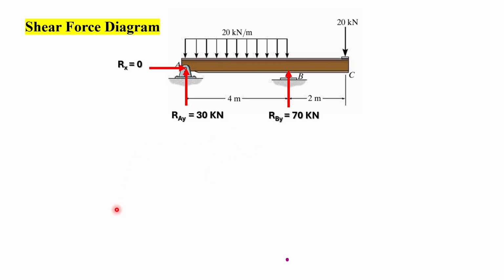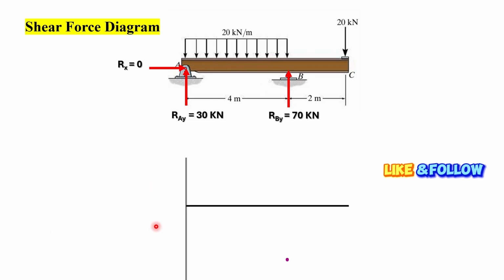Remember this, for the graphical method we will find the shear force diagram with the help of the question, and the bending moment diagram with the help of the shear force diagram. So we will be drawing a beam of length 6 meter here also, and a vertical line which represents the shear force value, and this point represents the 0 value.